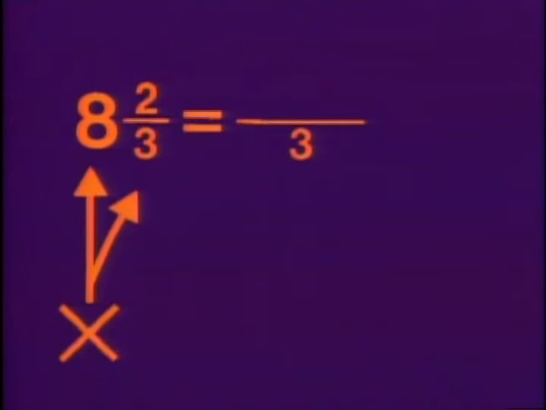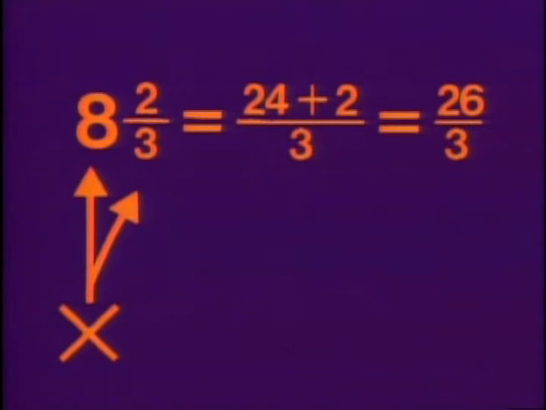First, multiply the denominator, 3, and the whole number 8. This gives us 24. Then add the old numerator, 2. These 2 steps give us 24 plus 2, or 26 thirds, which is the same result as we obtained earlier.